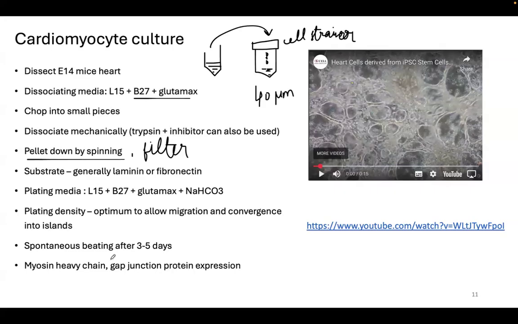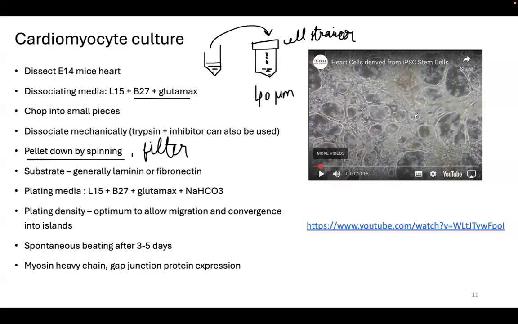And yeah, so again, what you want to check is the expression of some things. This is a muscle, so some myosin is expressed there. You can look at that particular subtype of myosin, and gap junctions, because they all get connected, so a lot of gap junctions are there.